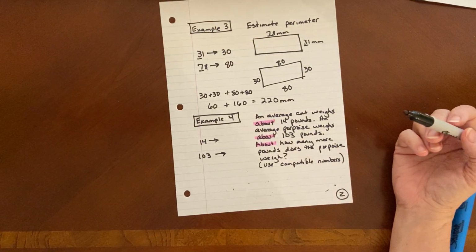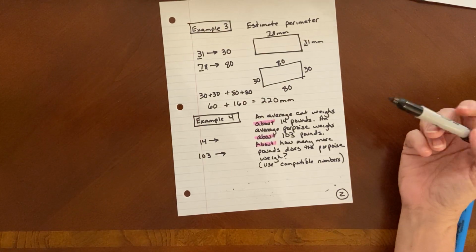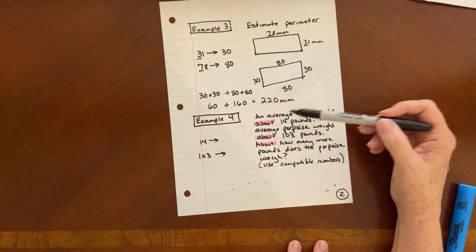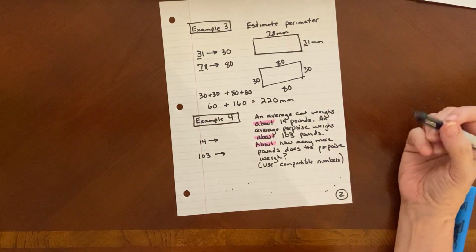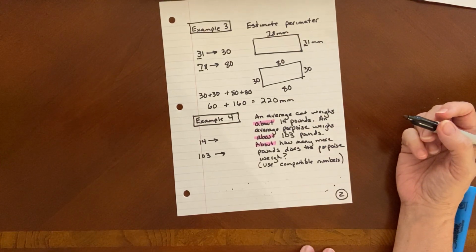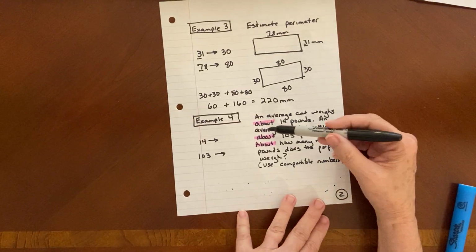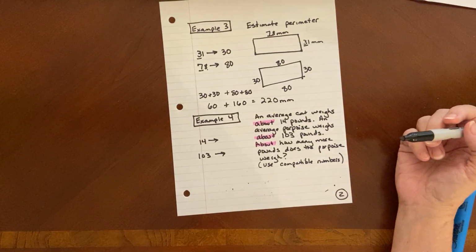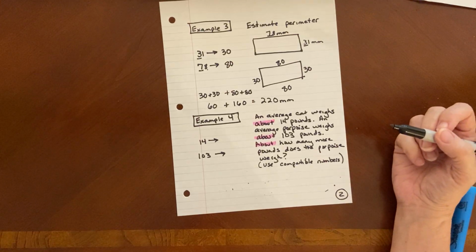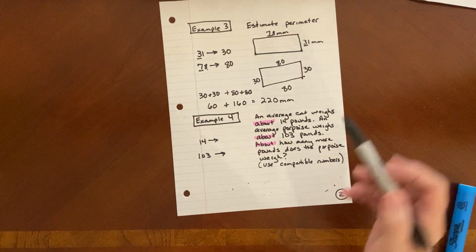Okay, example 4, we're going to do it slightly differently. So we're going to use compatible numbers instead. So it says an average cat weighs about 14 pounds. My sister had one that weighed 23 pounds. He was a giant cat. An average porpoise weighs about 103 pounds. So about how many more pounds does the porpoise weigh than the cat?